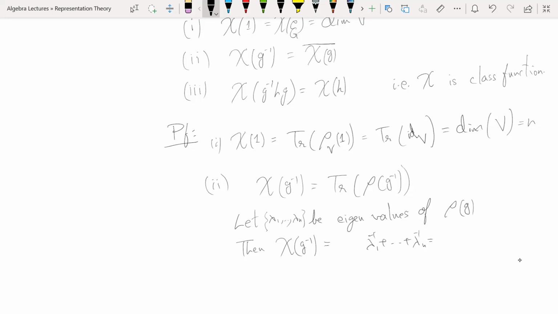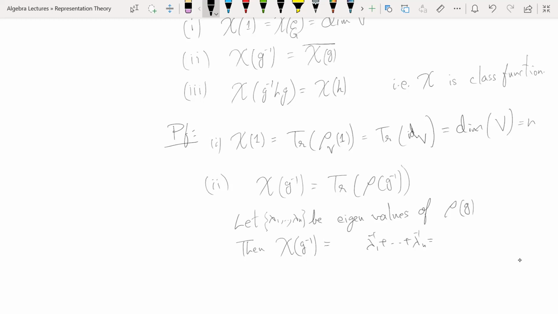So the eigenvalues are all roots of unity, since some power of the matrix is the identity. The minimal polynomial divides x to the power m minus 1 for some m; for instance, you can take m to be the size of the group.